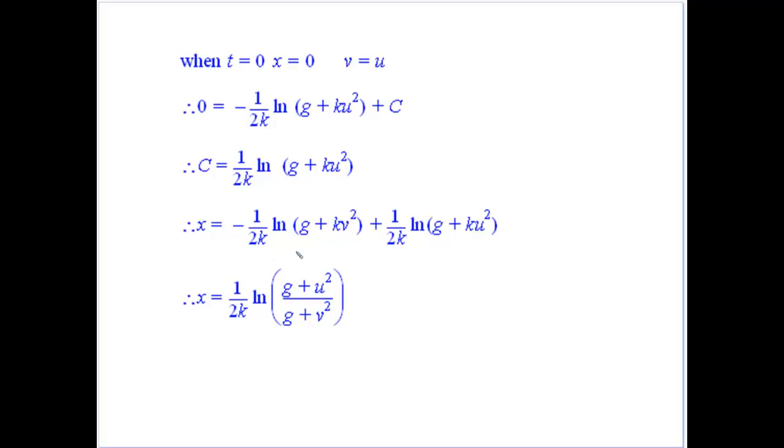Then our expression for x can be cleaned up to 1 on 2k, natural log of g plus ku squared over g plus kv squared. We've actually left out the k there, so we should have a k in there. Make sure we put that in.